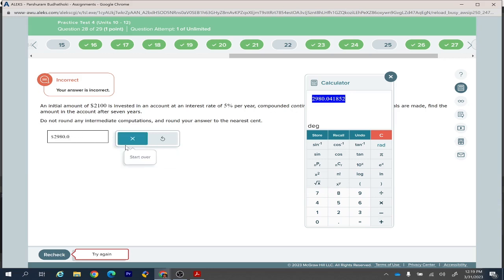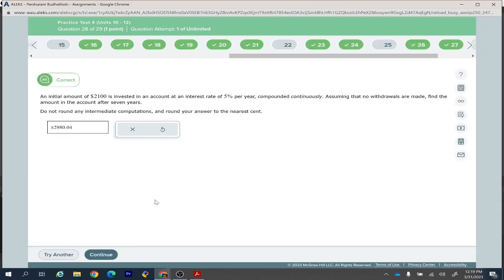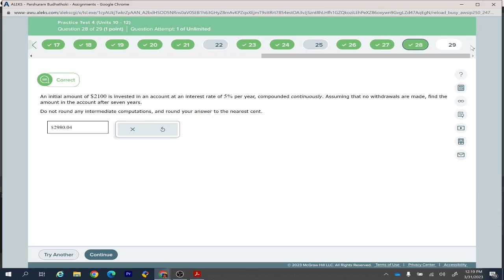I did not put 4 here, so that's the answer. It's 4 cents. So I forgot to round it to the nearest cents, or not forgot, but I did it wrong.